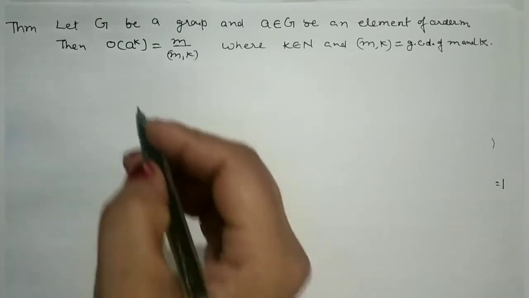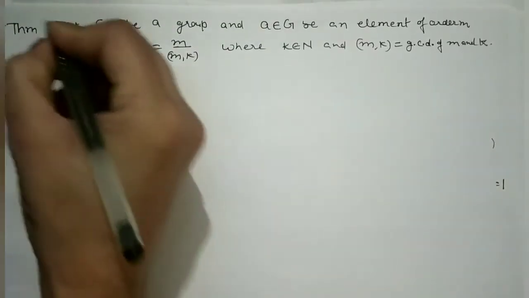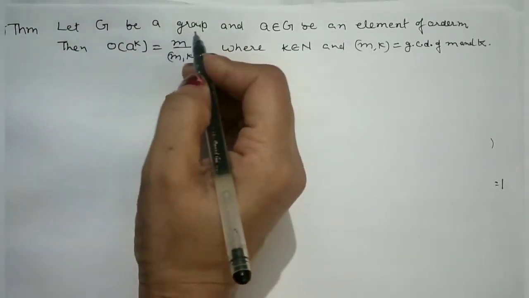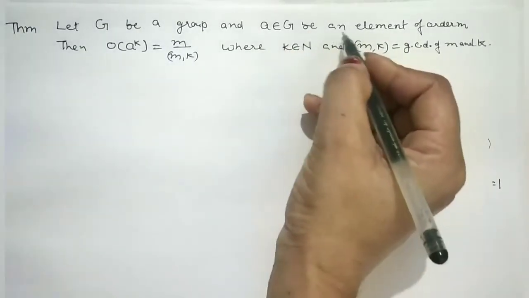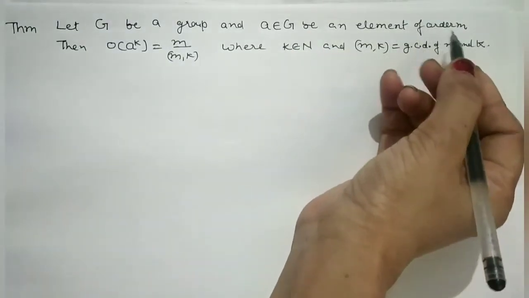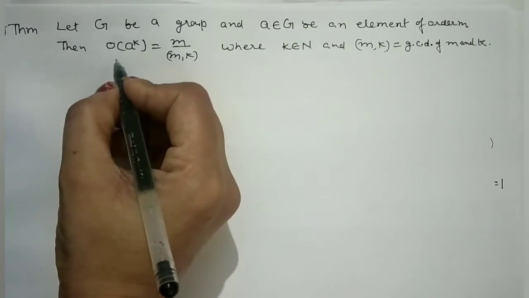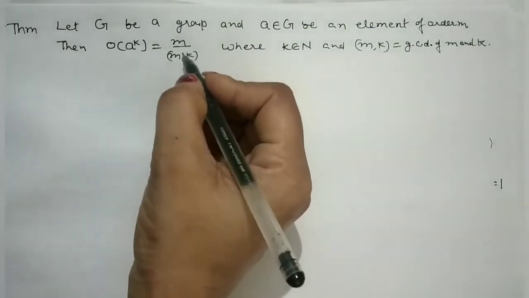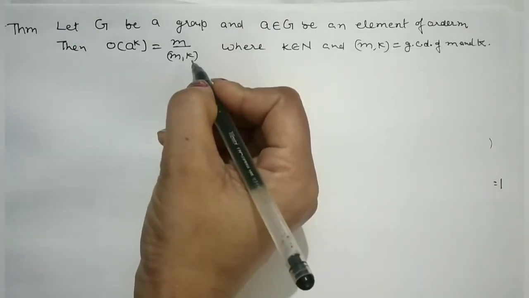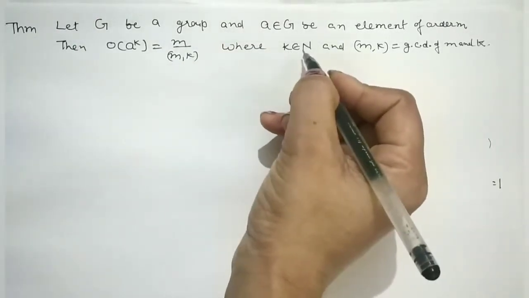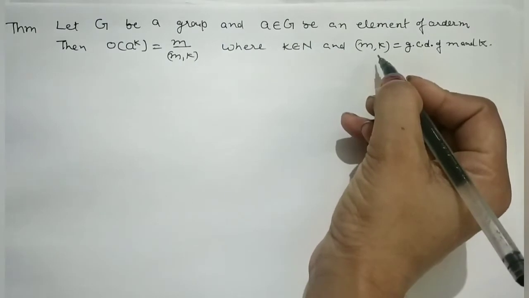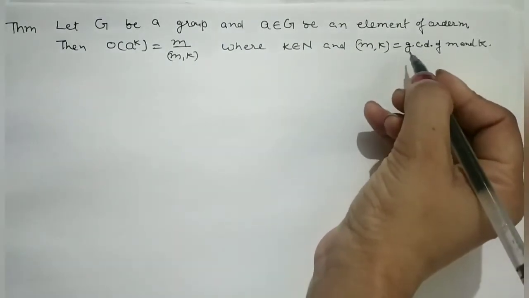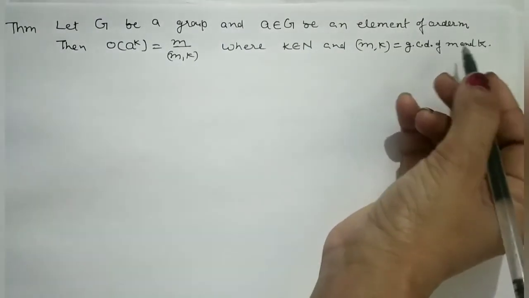Now the next very important result is this theorem: let G be a group and A be an element of order m in G. Then we have to prove that the order of a raised to power k will be m upon GCD of m and k, where k is any natural number, and this bracket (m, k) means the greatest common divisor of m and k.